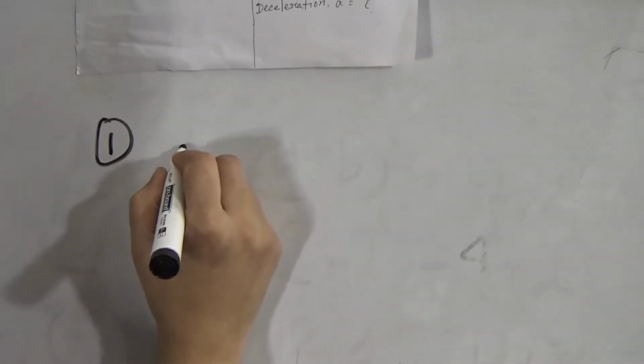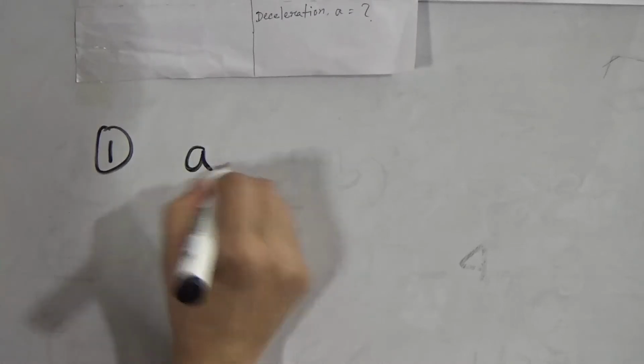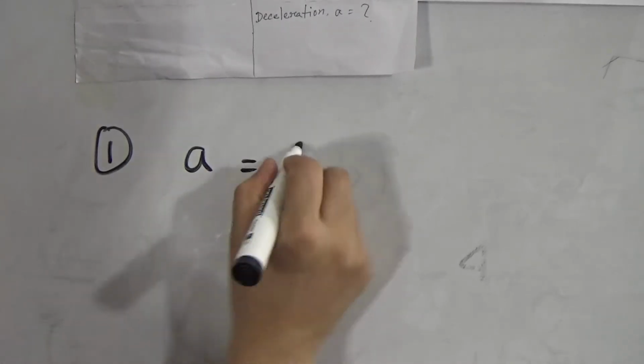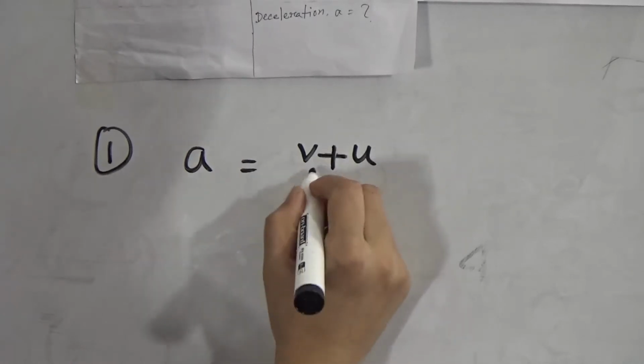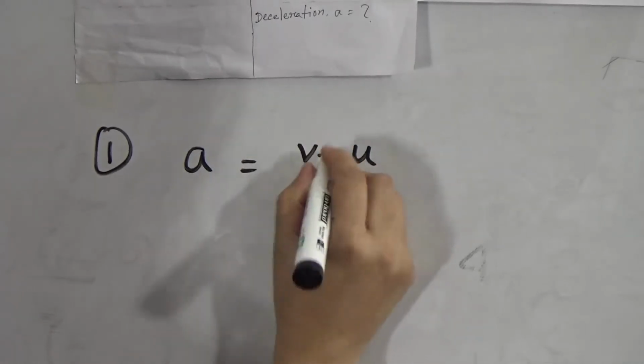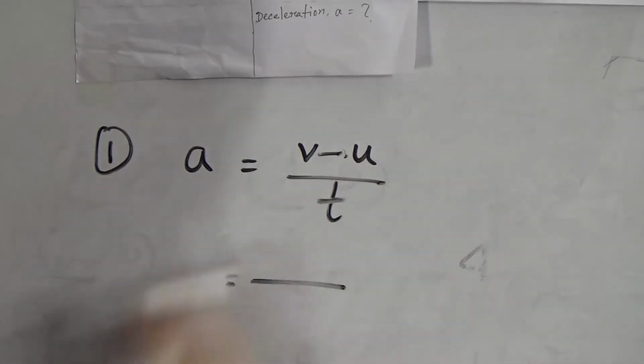We know v equals u plus at. Again we know a equals (v minus u) divided by t. Here u is 0 and v is 16.67.